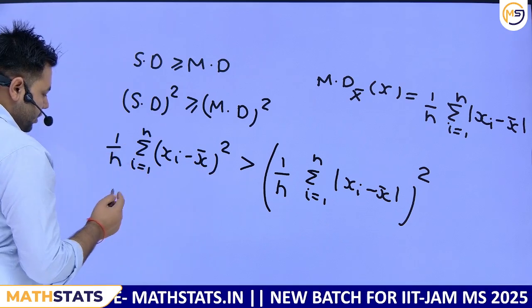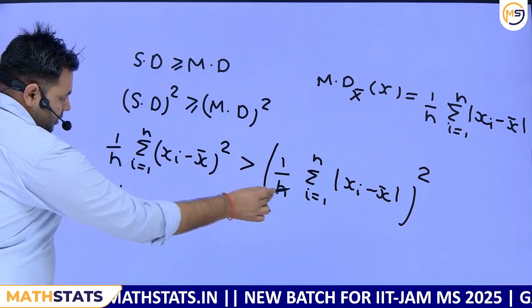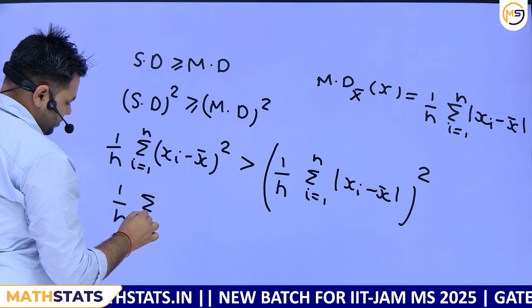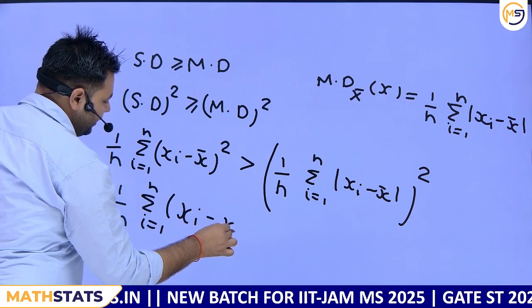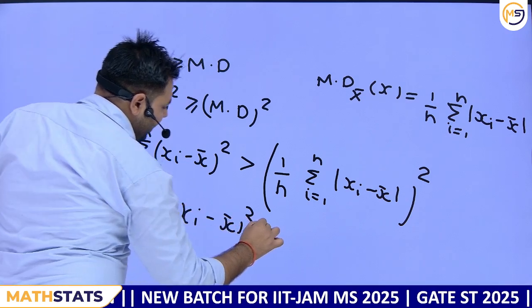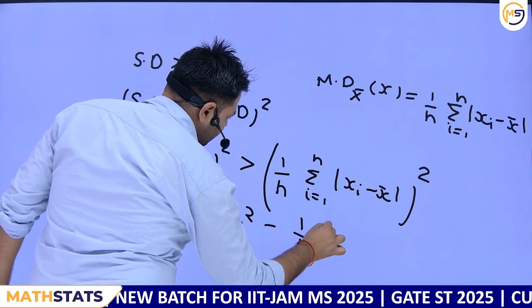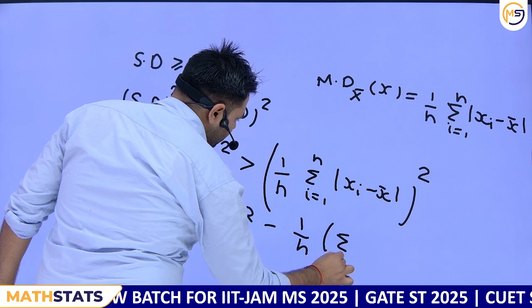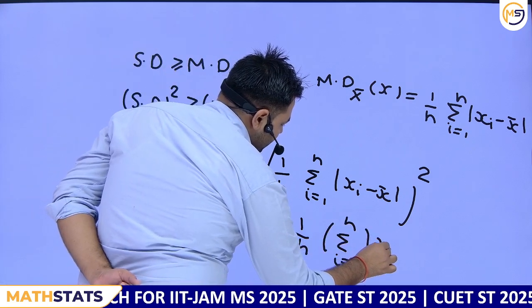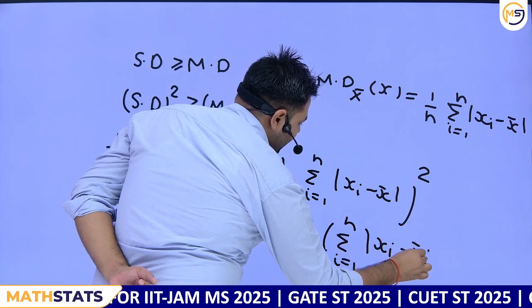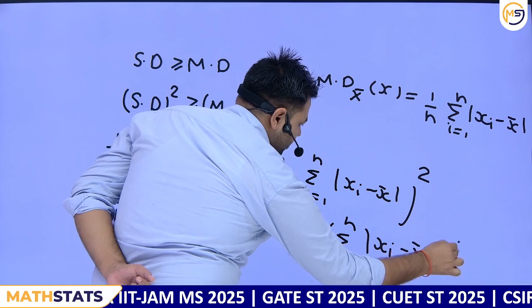So now transfer this part. So you can write minus 1 by n summation i equal to 1 to n, mod of xi minus x bar whole square.